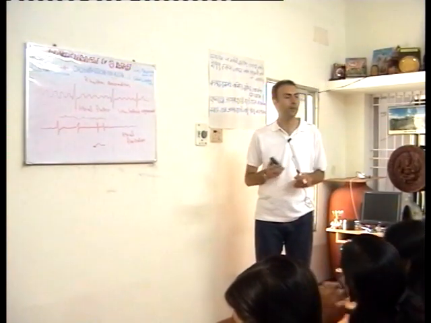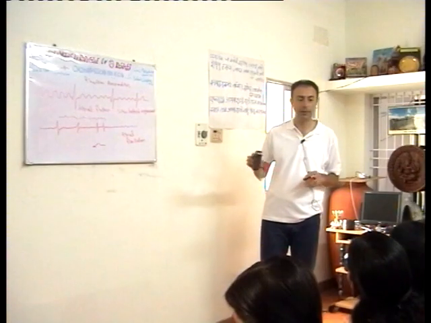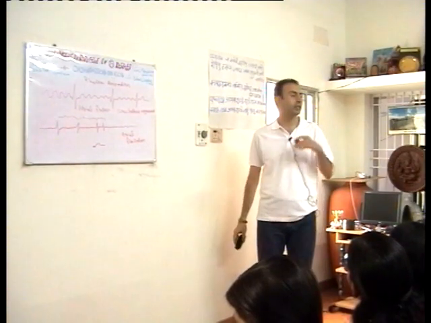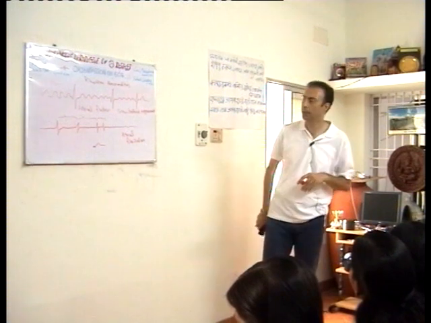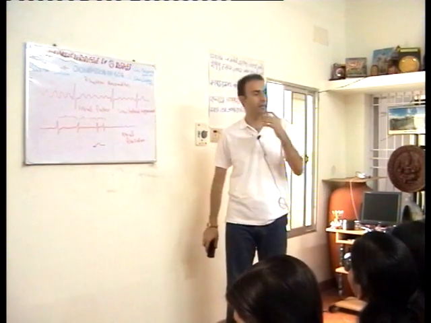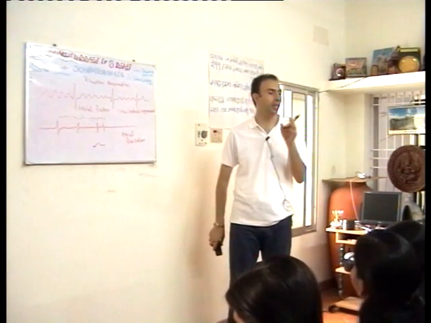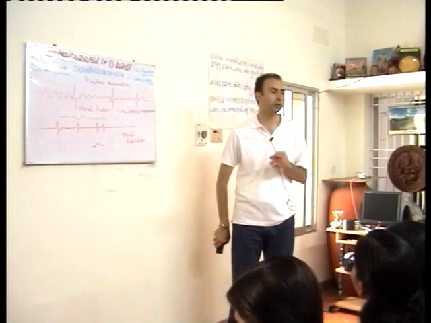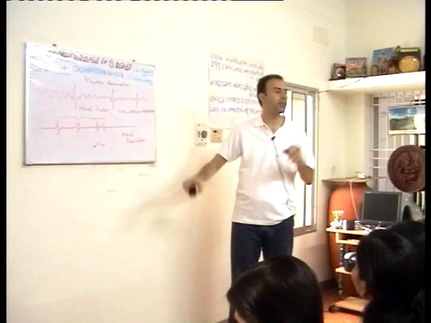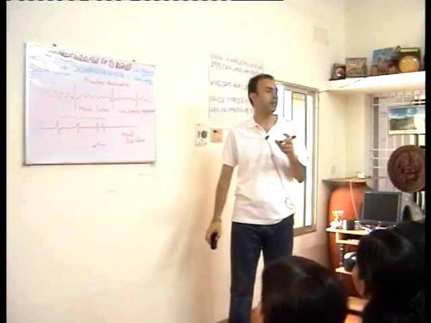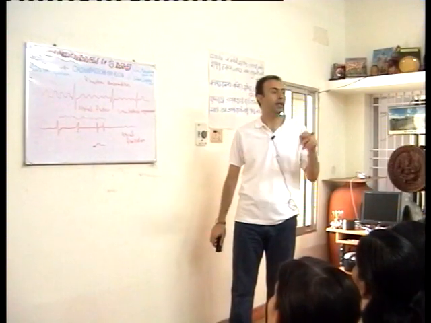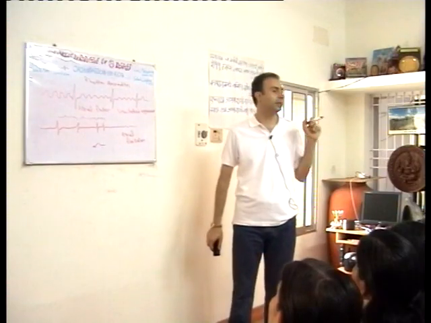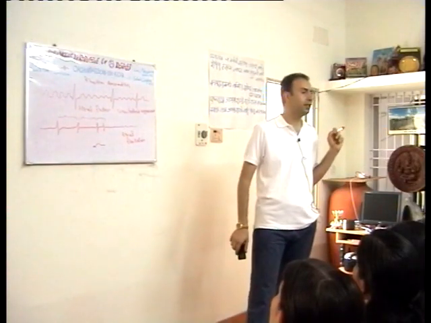So this is all about the SA node problems and atrial arrhythmias. After that, we continue with the AV node problems, conduction abnormalities in the AV. First we discuss the sinus problems, then we discuss the atrial problems. In the sinus problem, which one was the serious one?